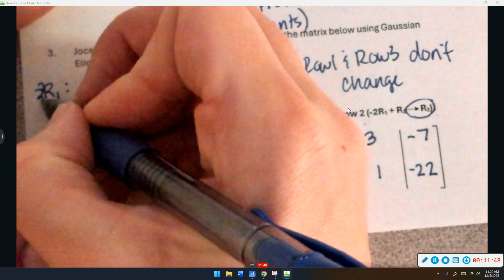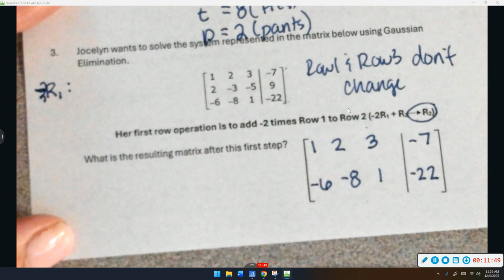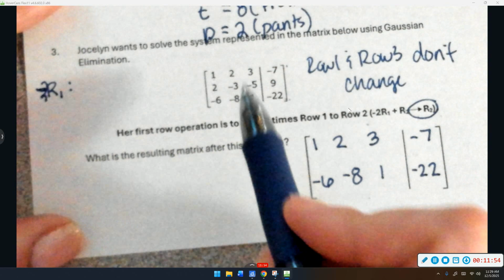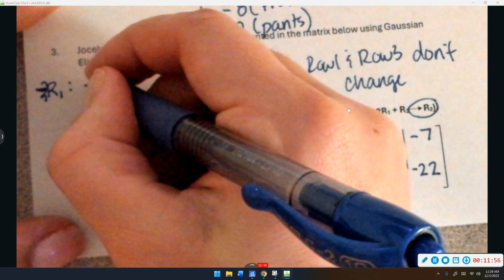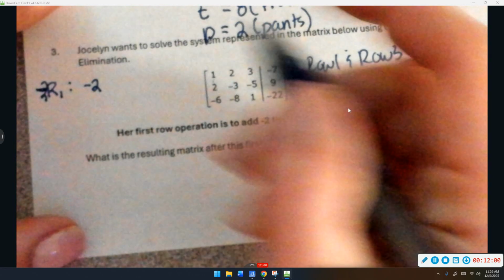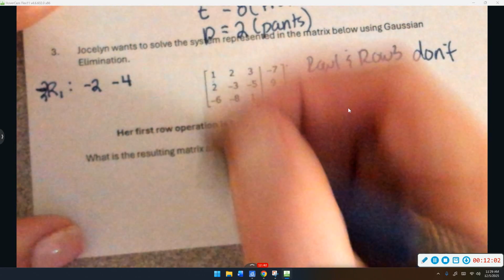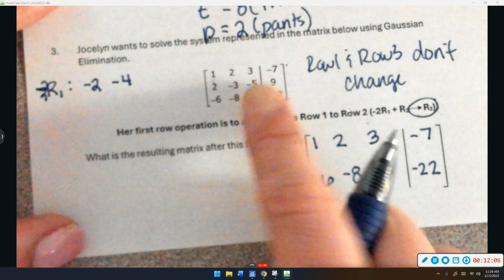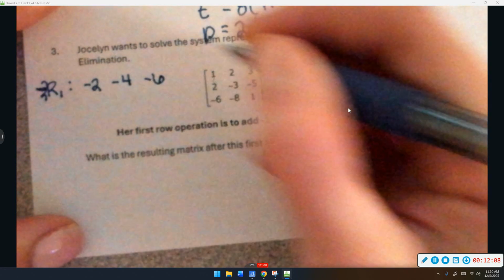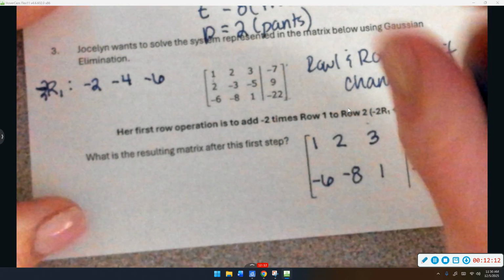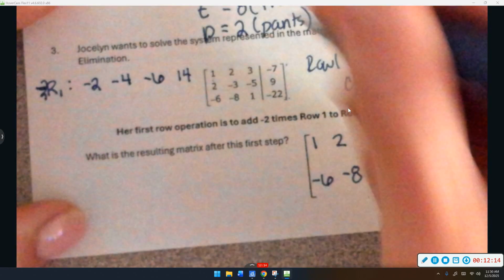So I'm going to multiply all of these numbers by -2. So -2 times 1 is -2. -2 times 2 is -4. -2 times 3 is -6. And -2 times -7 is +14.